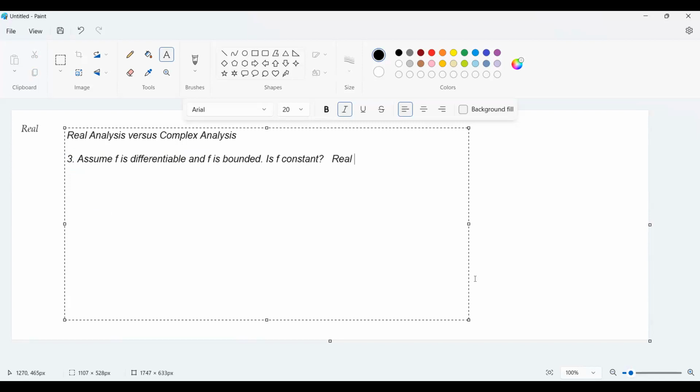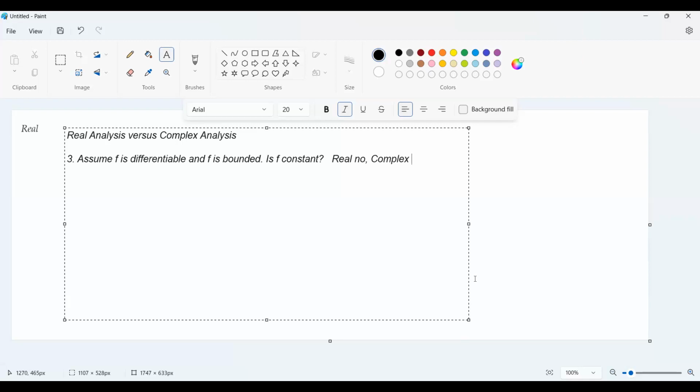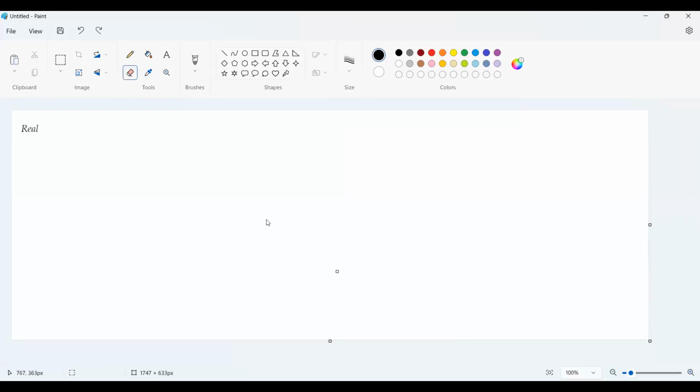Can somebody give me thoughts about a function of a real variable? If I give you a real variable function that's differentiable and bounded, must it be constant? Good. So for real, the answer is no. Complex, yes.